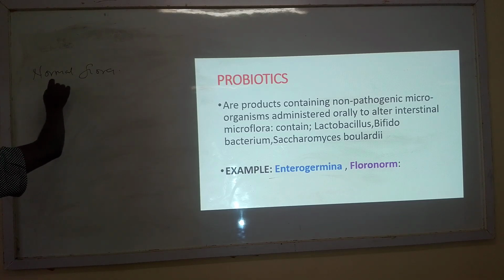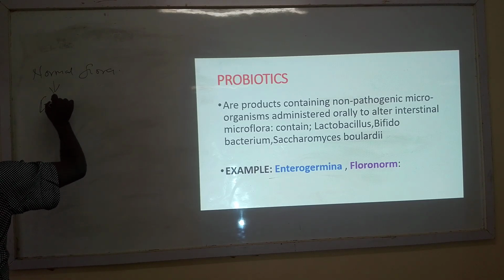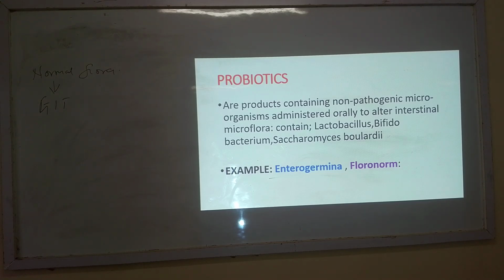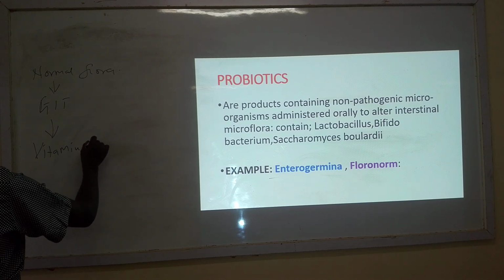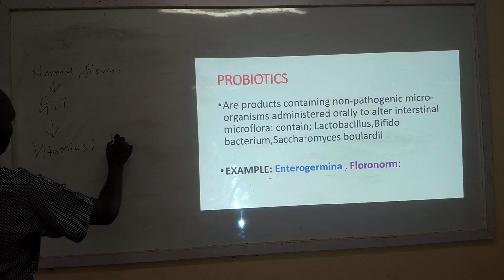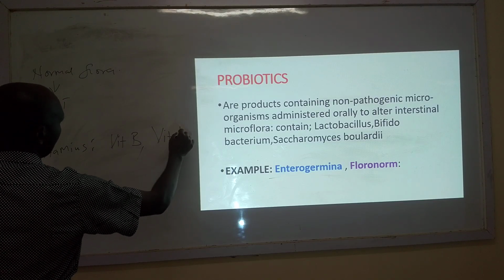So these bacteria are found in the gastrointestinal tract, and their function, mostly, is to assist in the production of vitamins. Examples of these vitamins are vitamin B as well as vitamin K.